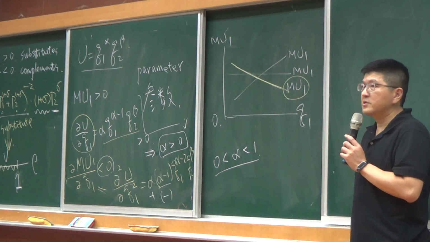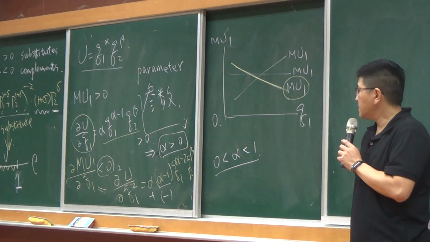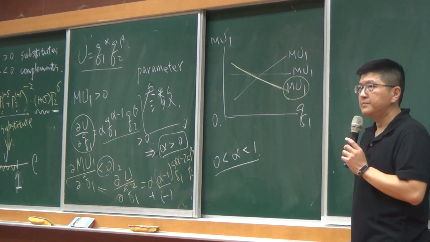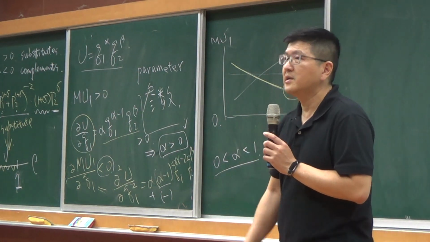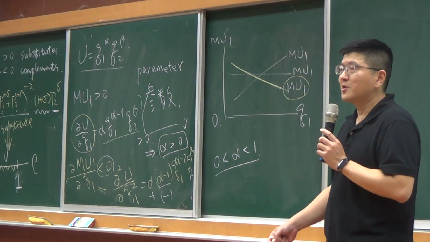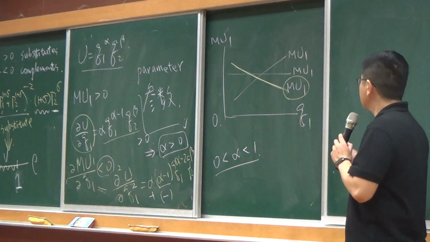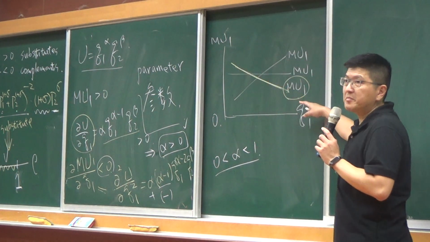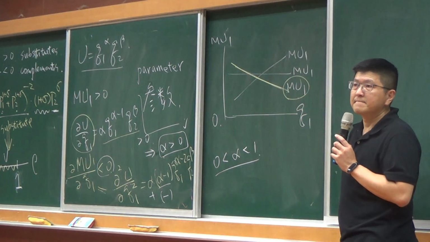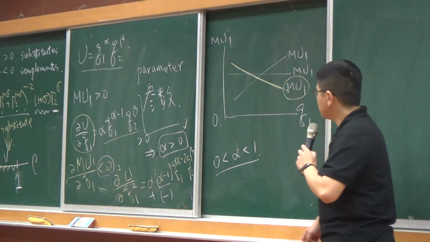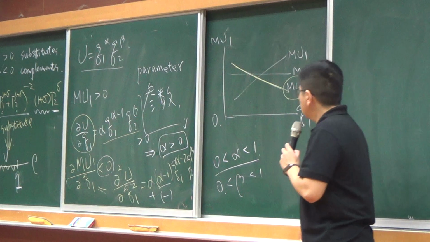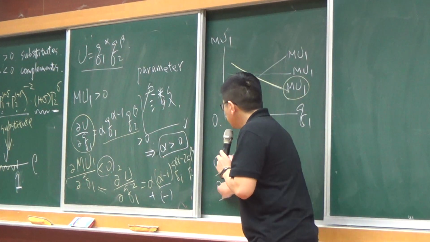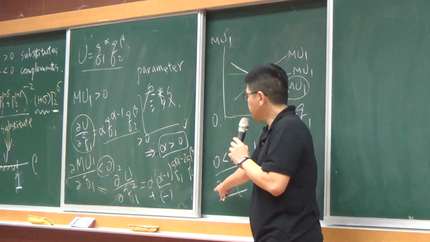If alpha falls between 0 and 1, then good 1 is a good, and its marginal utility is diminishing. The same goes for beta. For good 2 to be good, the more the better, beta must be positive.